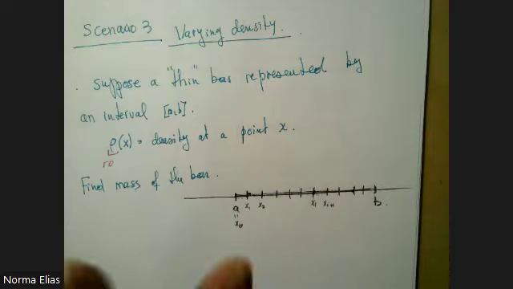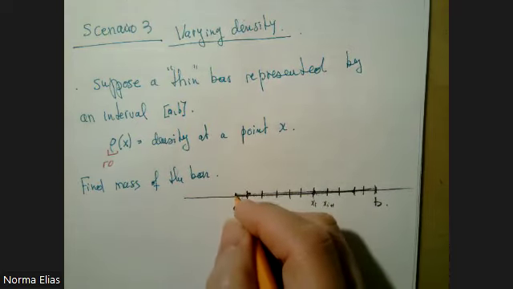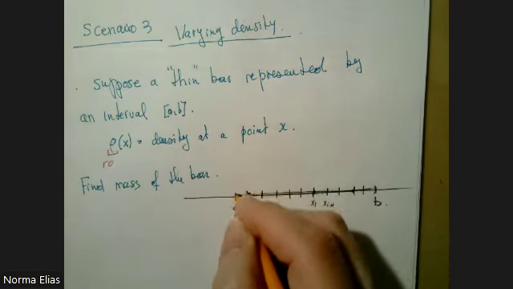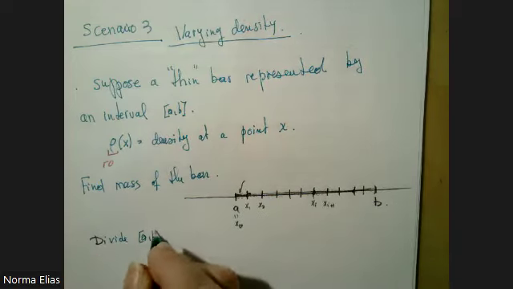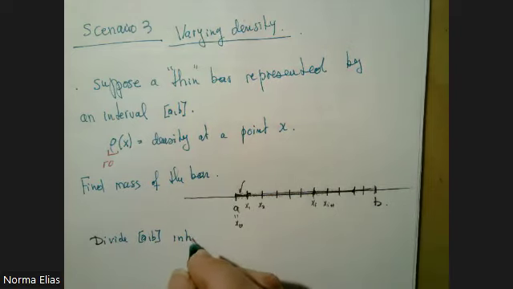I'm going to cut it into tiny, tiny little pieces. If I take this very tiny piece, very, very small. So divide AB into little pieces, into equal subintervals.